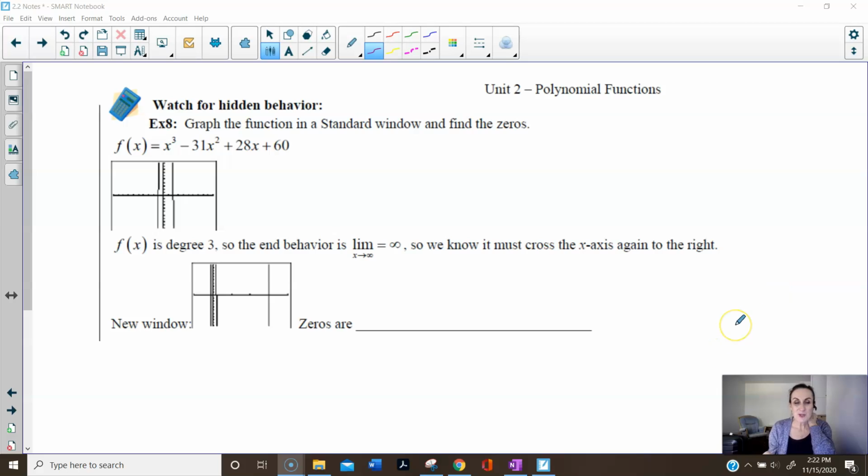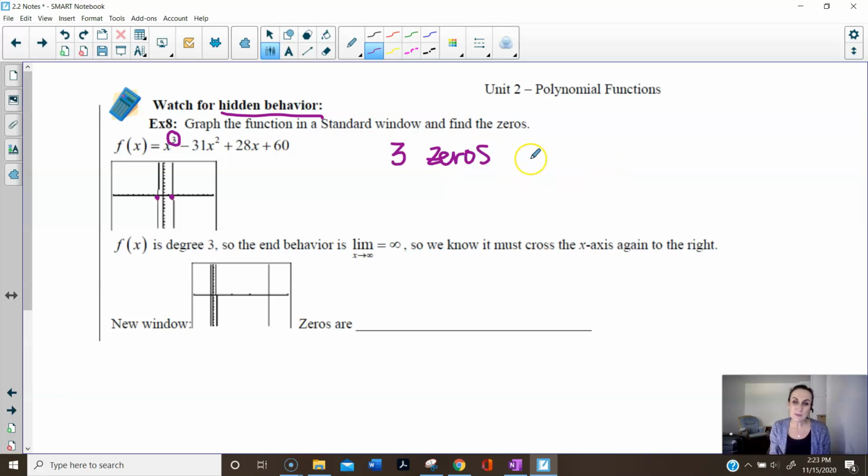For this problem, you're going to use your graphing calculator, go to y1, and graph x cubed subtract 31x squared plus 28x plus 60. The hidden behavior is that when I graph this using a standard window, I only see two zeros. But because this is a third degree, we know that there are actually 3 zeros.